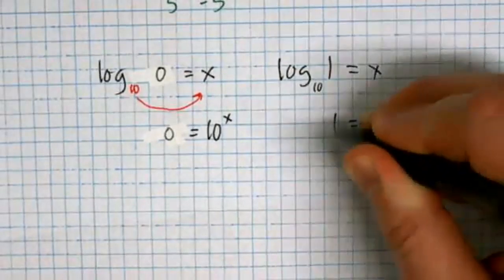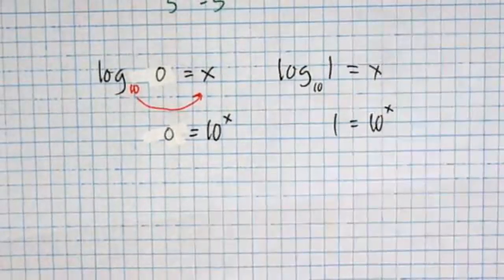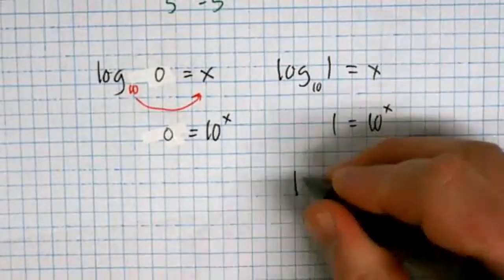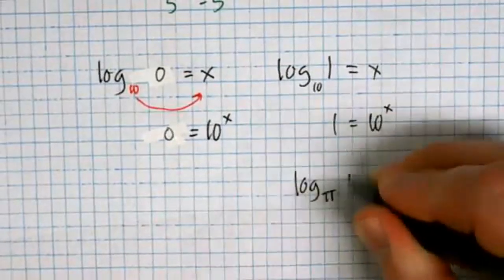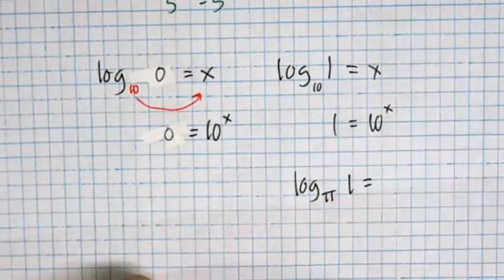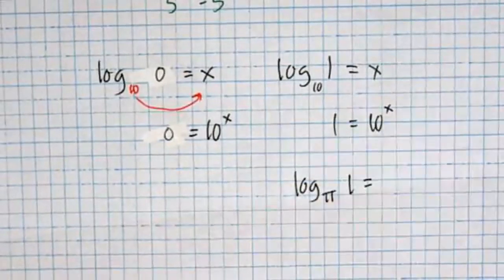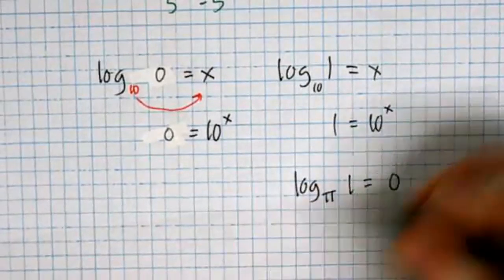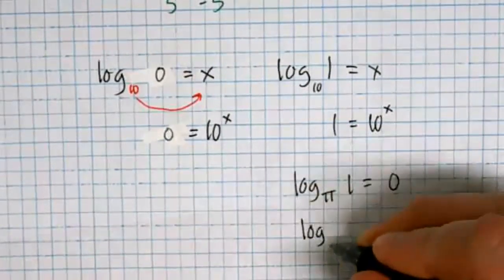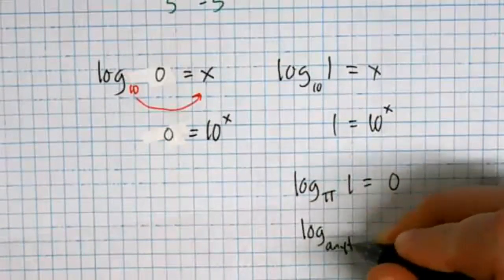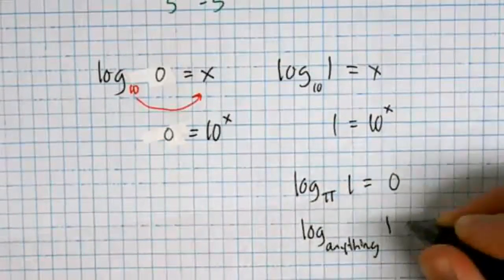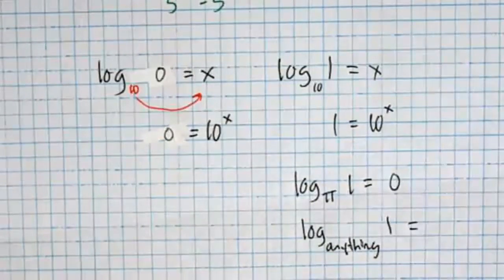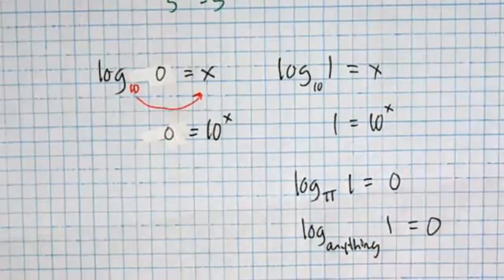I can think of an exponent I could put on a 10 and make it equal to 1. 0, right? What's the log base pi of 1? What is the exponent you can put onto pi to make it equal to 1? 0. What is the log base anything of 1? 0.